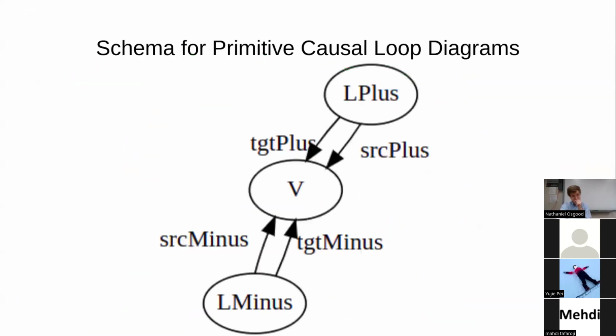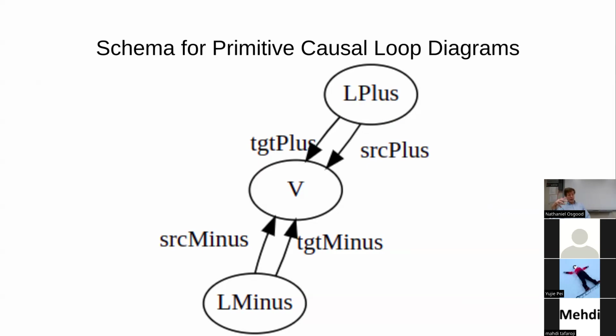Now, a little bit closer to home for our group, if we wanted to describe causal loop diagrams, putting aside the issue for the moment of attributes and of labels, we could have a schema category like this.